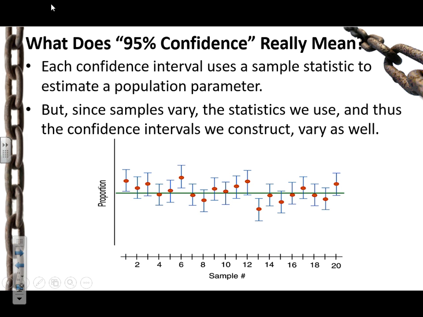These blue lines are denoting the confidence intervals. The red dots are the point estimates, and then we're reaching above and below from there. Notice the very first sample we collected created an interval that did not capture the true value. The next one did because the green line passes through the interval, and then the next one did, and so on. And then we get to the sixth one, it doesn't capture, and we continue on.